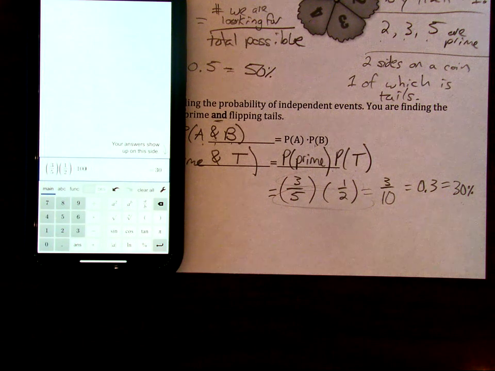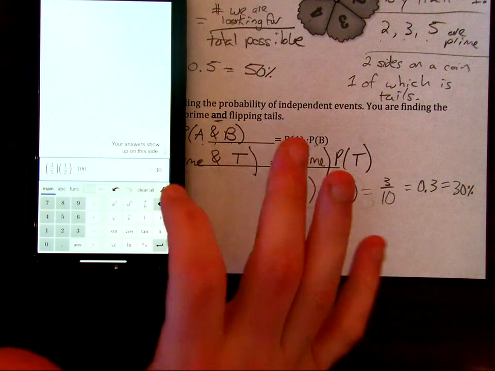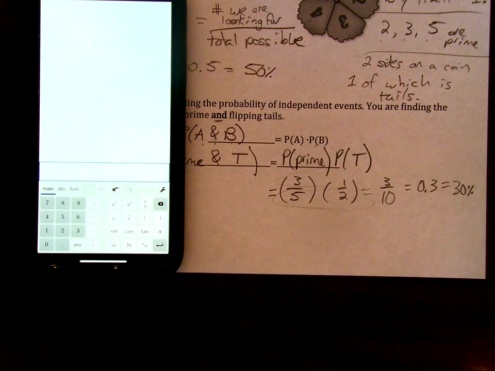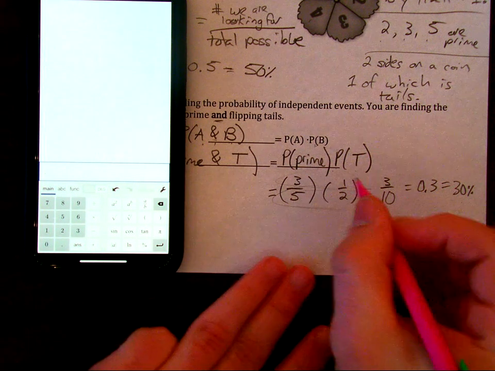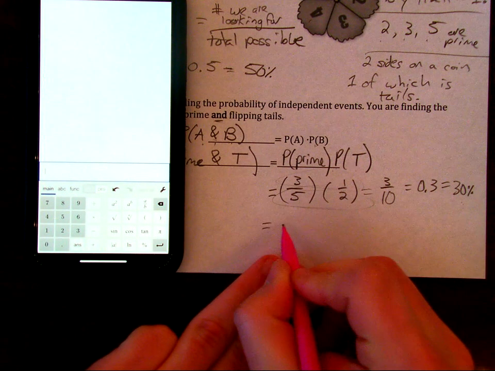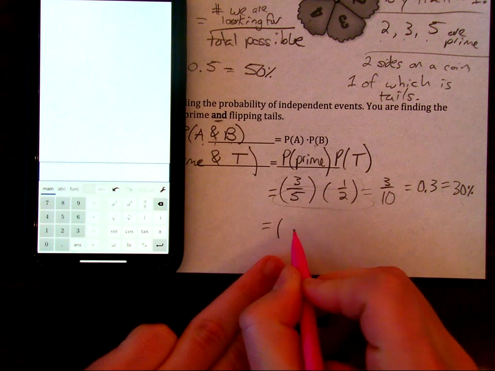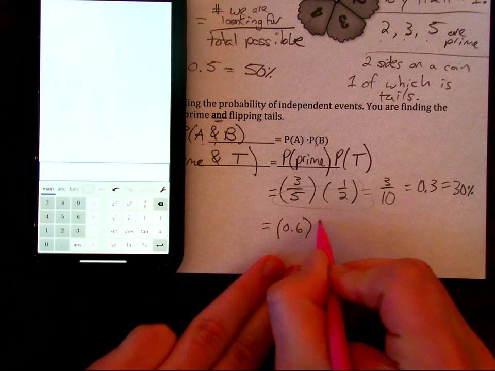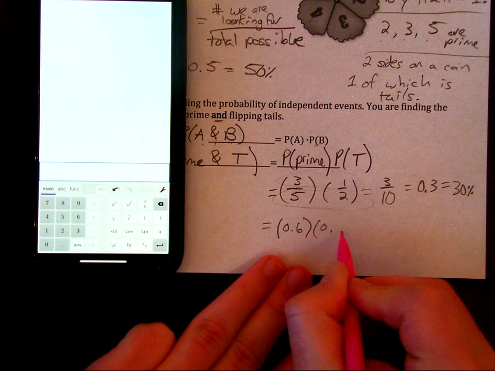Another way that you can do it is like this. If you wanted to say, well, I want the decimal forms first, so you could say the decimal as 0.6 and 0.5 multiplied together.